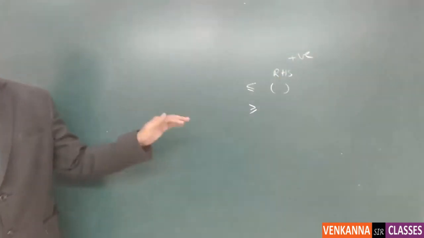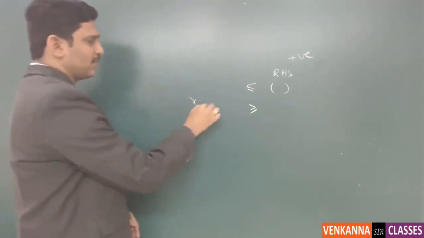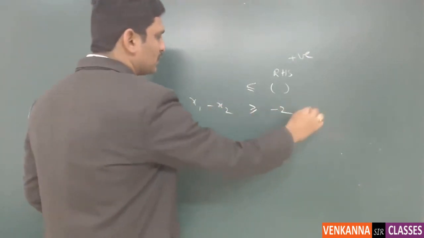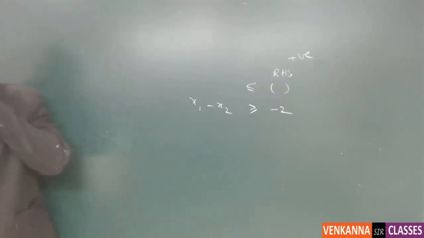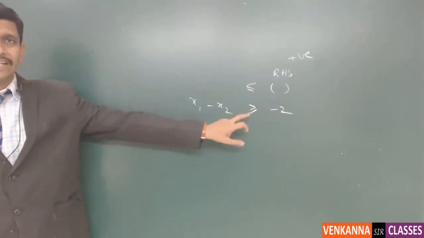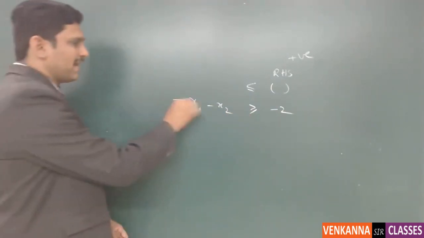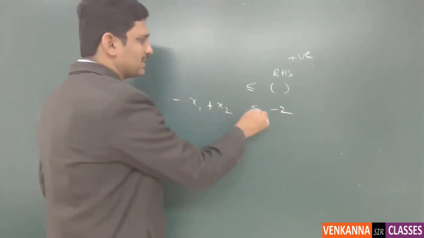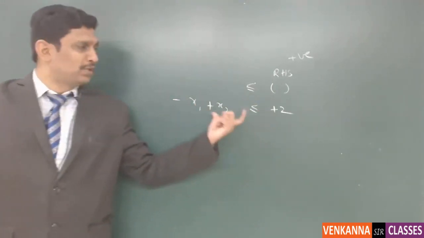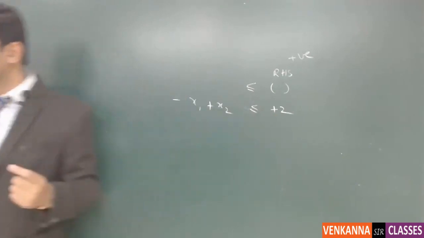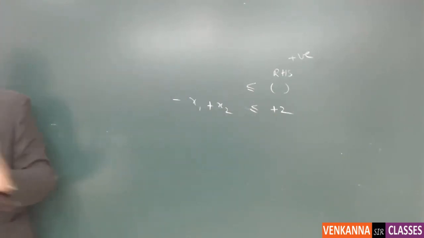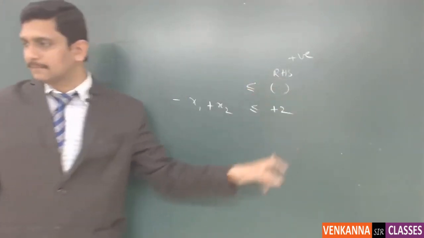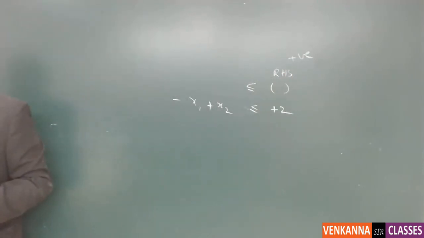Let me say if I have an inequality like x1 minus x2 is greater than or equal to minus 2. Now, we take this inequality as minus x1 plus x2 less than or equal to 2, and by putting it like this only, we solve the problem. There is a non-negative restriction on the right hand side resources. Okay? In that way only we change the constraints.